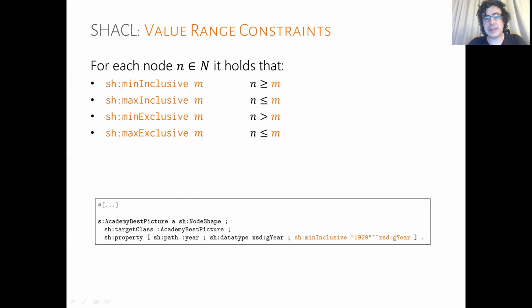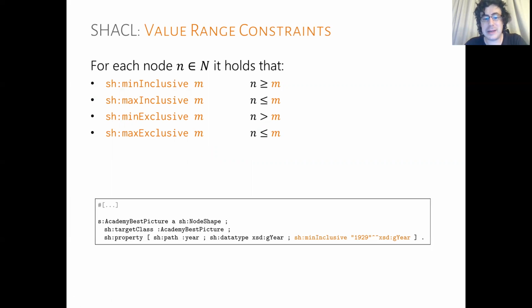Okay, so we can define some values as well. Some details about the types of values that the nodes must have. So we could say for each node n, it holds that it has a value of min inclusive m, max inclusive m, min exclusive m, max exclusive m. So it's important not to confuse this with counting. This is not counting, this is defining the actual values of the nodes.